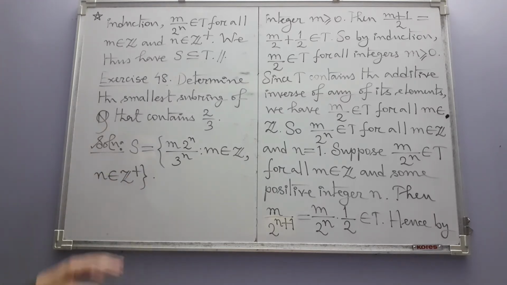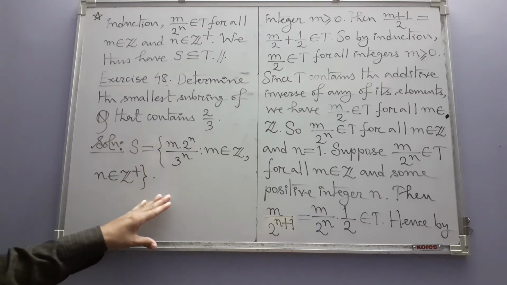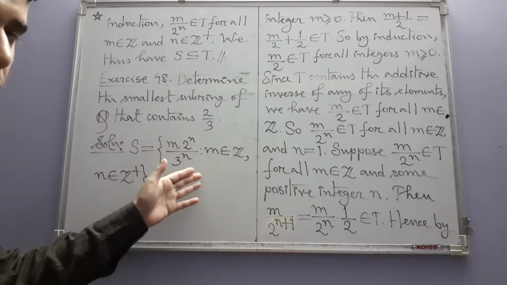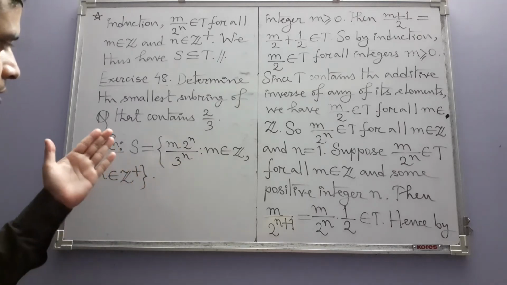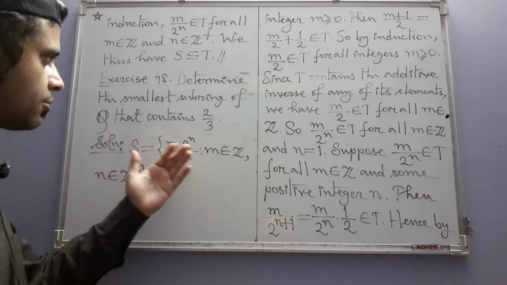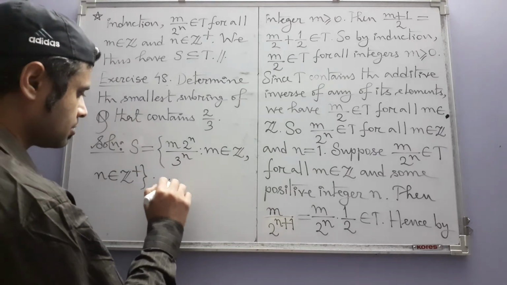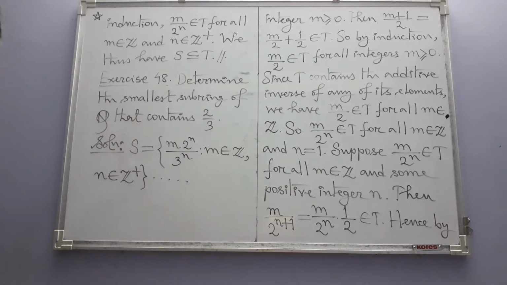Containing 2 over 3 is almost obvious, and it is the smallest subring of Q that contains 2 over 3. So this is left to you.